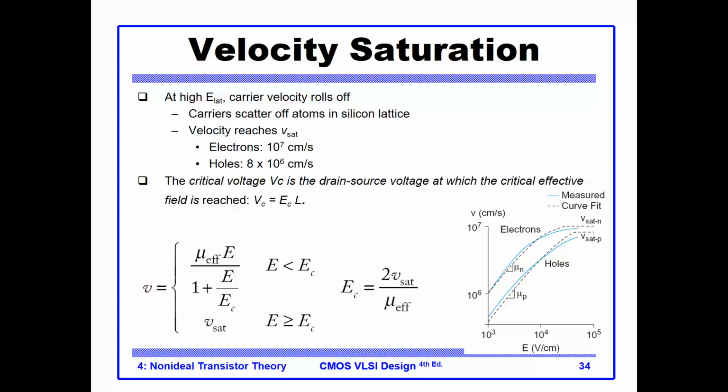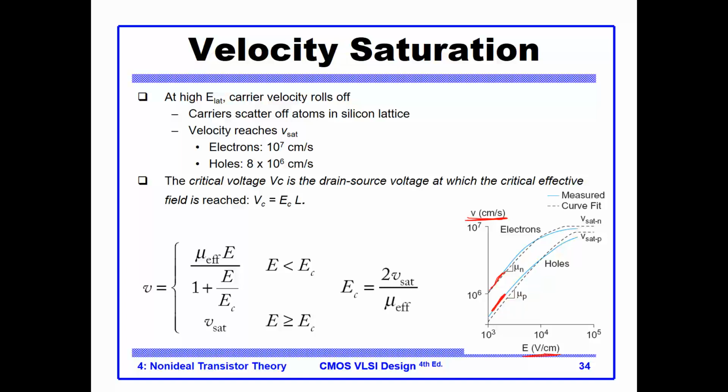Here we are plotting the velocity of the electrons versus the electrical field, and you can see that we get this nice linear behavior in the beginning. This is for the electrons and these are for the holes.